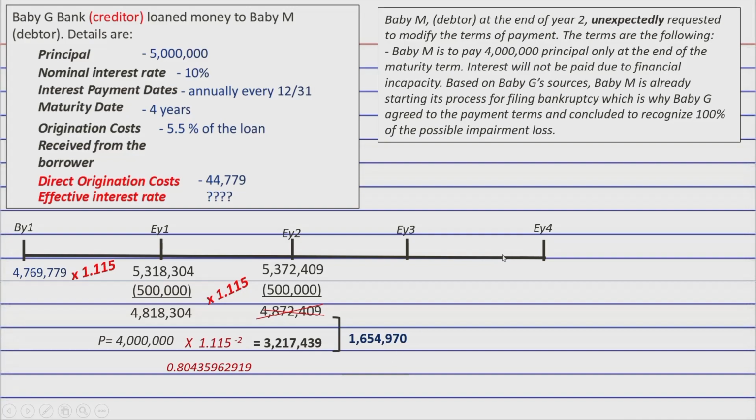But since, in the problem, it was stated that BBG chose to recognize 100% of the possible impairment loss, then let's follow that and let's recognize this whole amount as impairment loss.